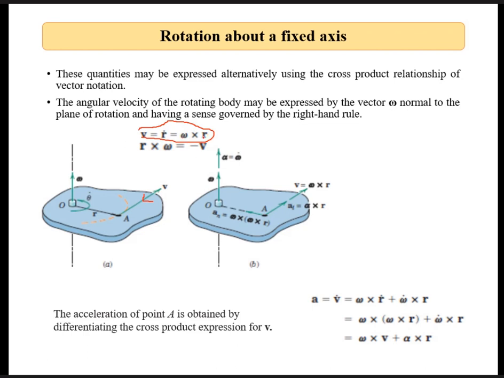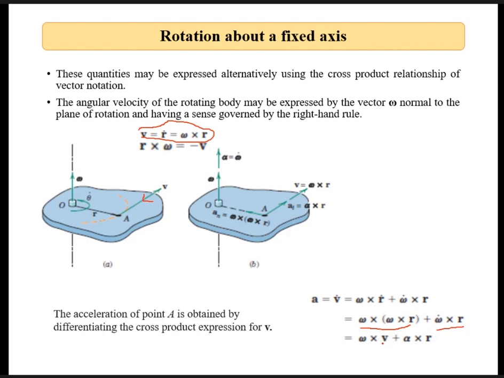Omega cross R dot plus omega dot cross R. This R dot is omega cross R, so here you have omega cross R dot, and this you have omega dot cross R. Omega cross R again is the velocity.